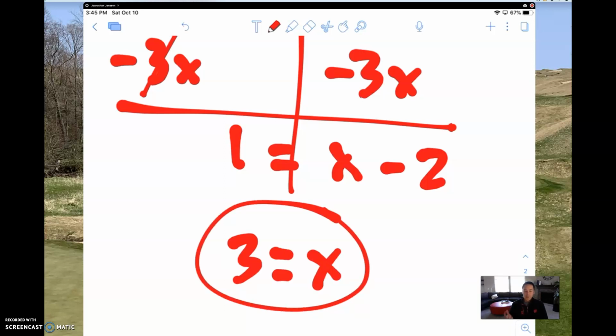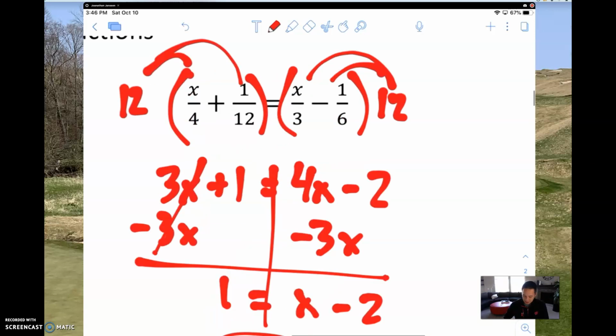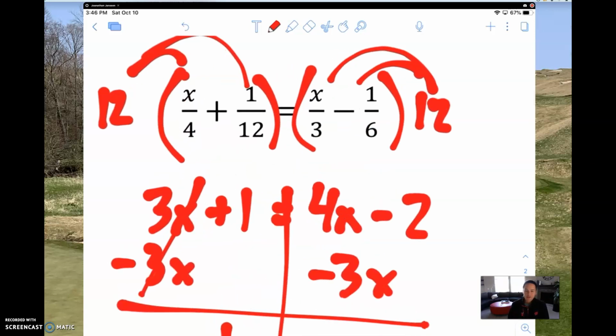I do want to point out one thing. Let's say you are really unsure of how to get that least common multiple, and let's say you were trying this last problem that we did. Let's say you found that 24 is a number that goes into all of those. You could multiply by 24 and you're going to get the exact same answer.